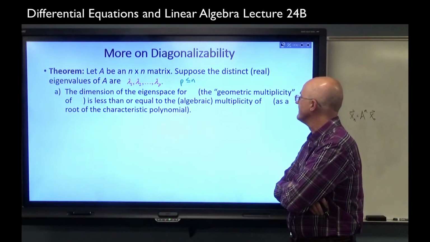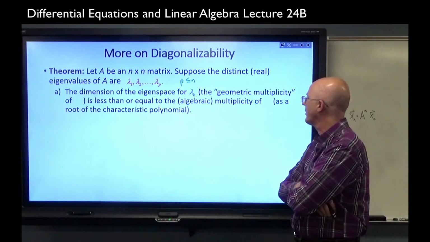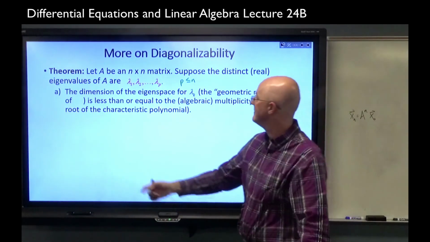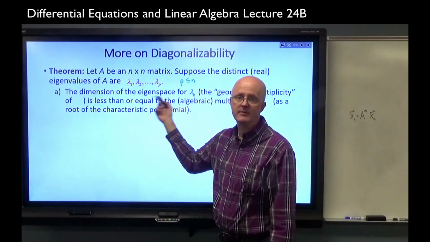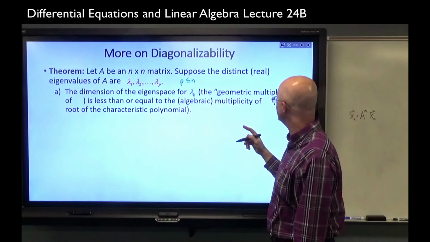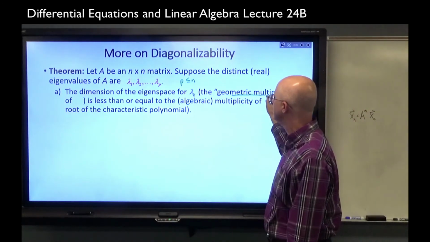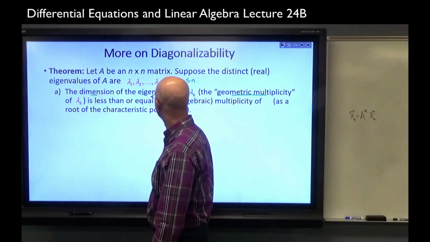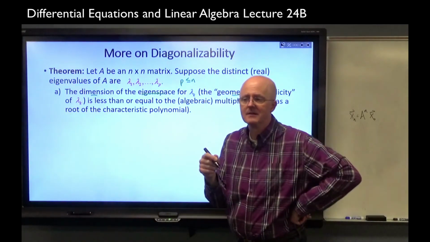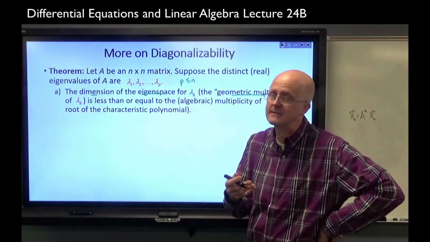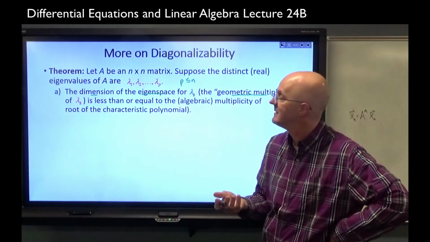Part A. The dimension of the eigenspace for lambda k, where k can be any one of these subscripts 1 through p, which you could call the geometric multiplicity of lambda k. Remember, eigenspaces are null spaces of A minus lambda I, and therefore they are subspaces of Rn.